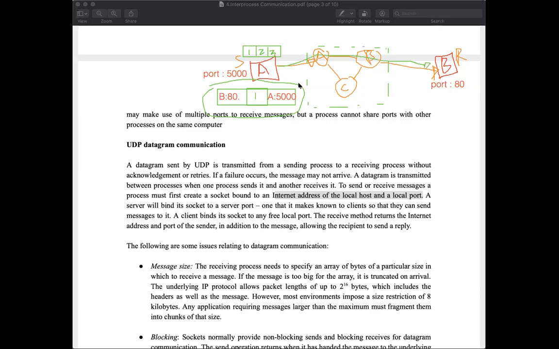But in the next round, for the second message, it will take a different path. It will transfer through A, C, B, and go to the destination. So that's the idea of connectionless.